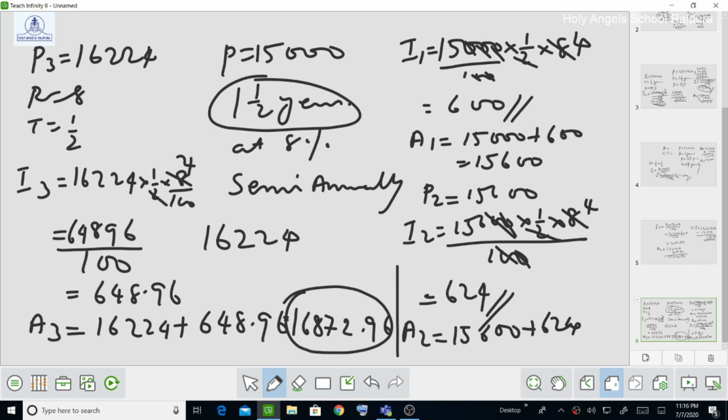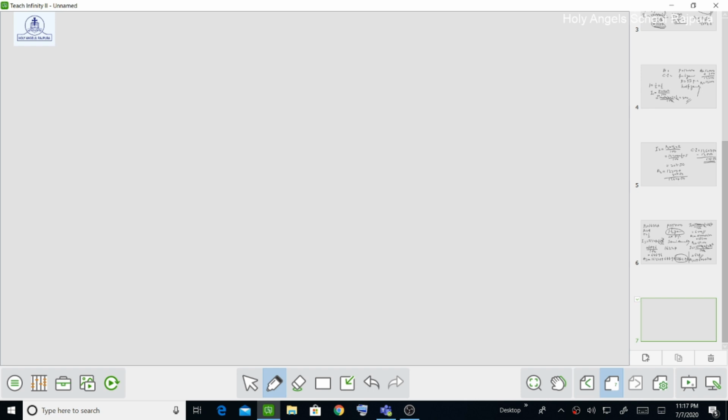16,872.96 is the amount. Now, the compound interest in 1.5 years is this amount minus the original principal: 16,872.96 minus 15,000.00.